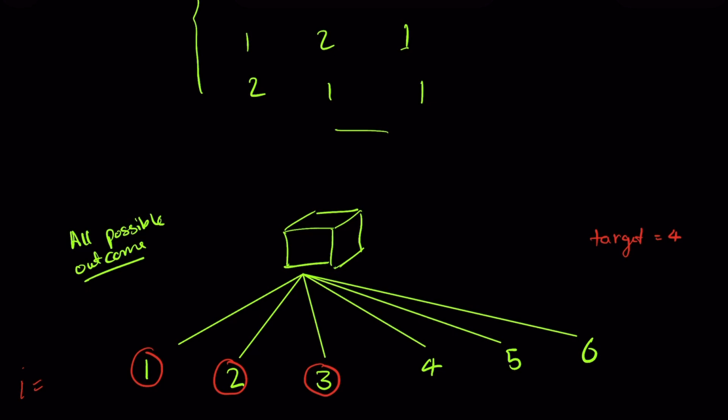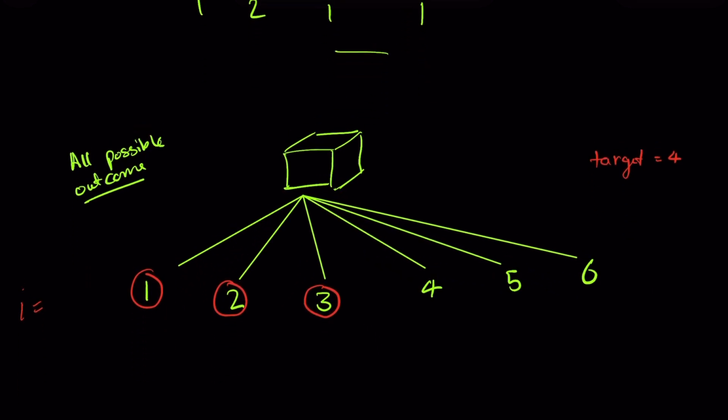So what we are trying to do is find all possible outcomes from die 1 and check if that outcome is possible or not. If the target is 4, we can see that not all faces can lead to a solution. For example, if the face is 4, 5 or 6, then it is not possible to get an answer from the remaining two dice, because you cannot have zeros or negatives on the remaining dice.